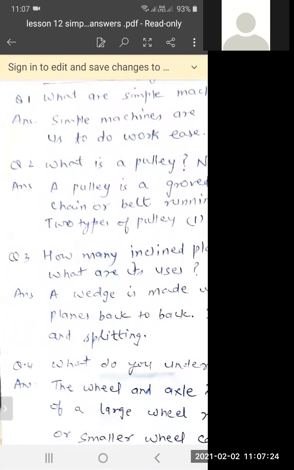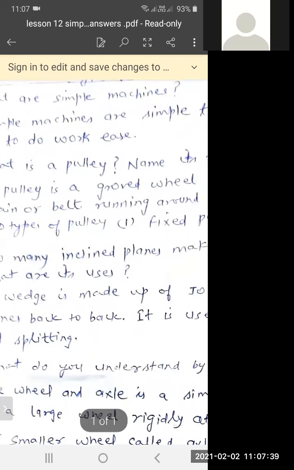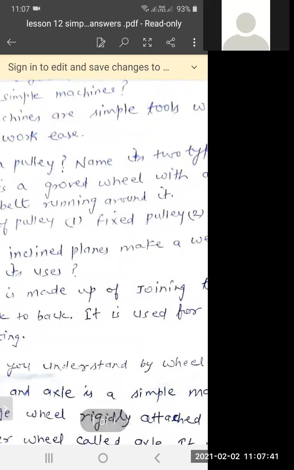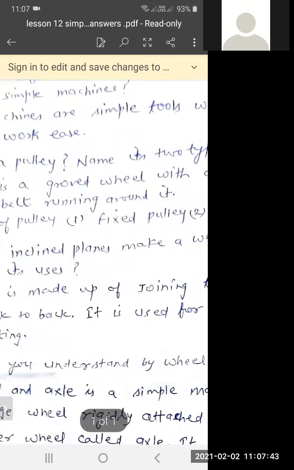Question number 2. What is pulley? Name its two types. Please write down. Name two types of pulleys. This is the question.